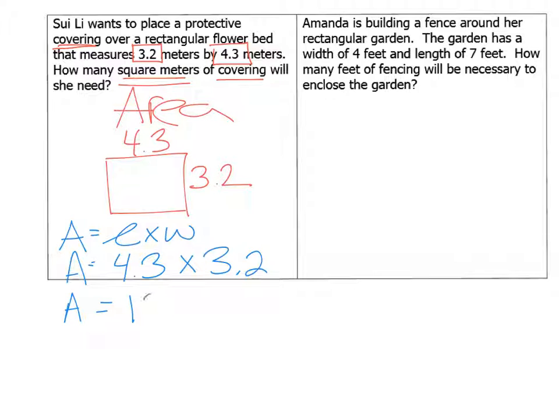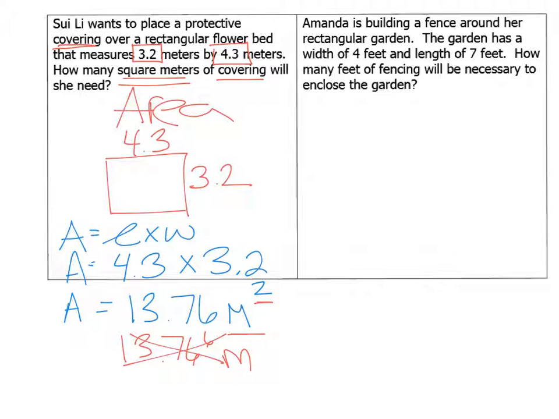I get an answer of 13 76/100 meters squared. It's the meters that are squared, not the number. So don't think to do 13.76 squared meters. That's not correct. What it's talking about is those are the squares that I'm using to cover my surface. That's why the answer is in meters squared, or square meters.